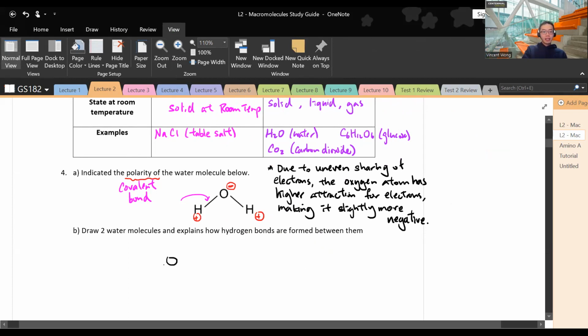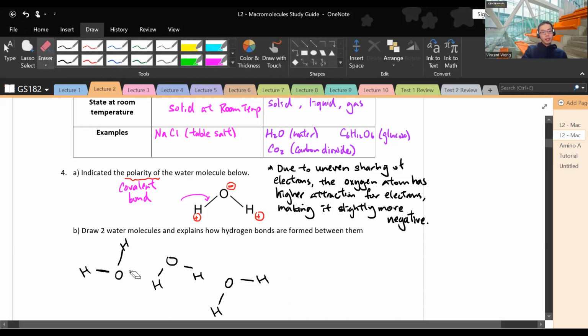So if I take a water molecule and put it next to another water molecule like this, the oxygen that is slightly negative will be attracted to the slightly positive part of the hydrogen. That will create a little bit of an interaction, kind of like a magnet. The opposite poles attract each other, like that, like that. So this interaction is called hydrogen bonds.